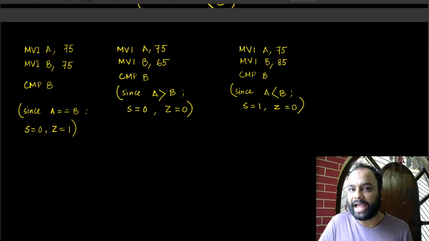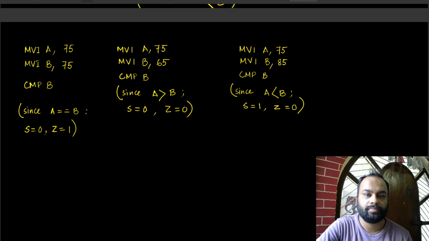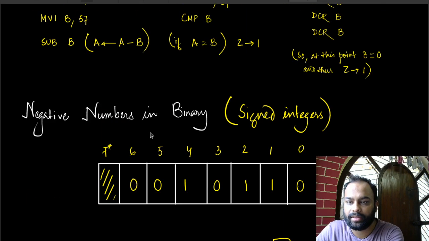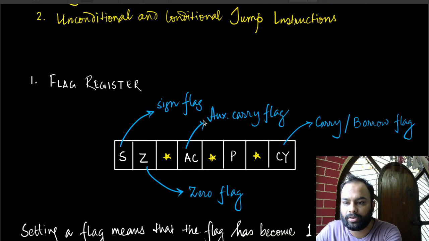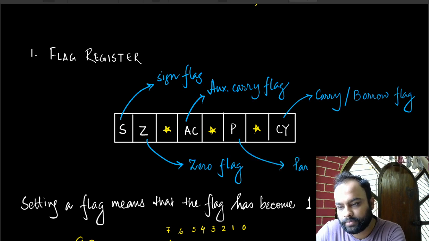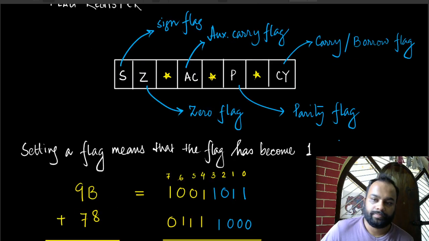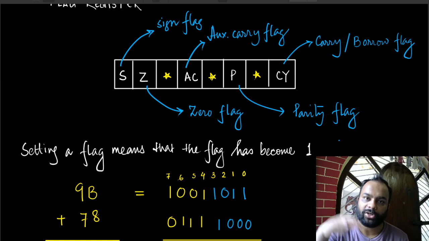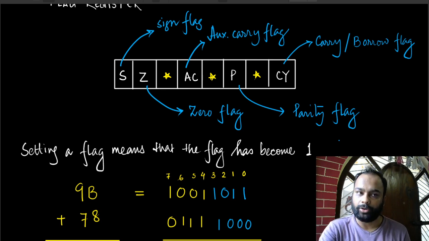We just skipped a flag, which is the parity flag, and we shall come back to that. The P flag was the parity flag. We shall talk about that later on, I mean today, later on.